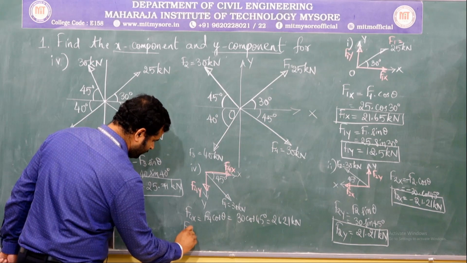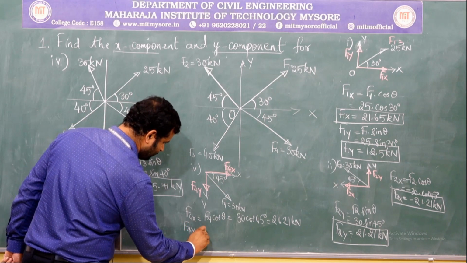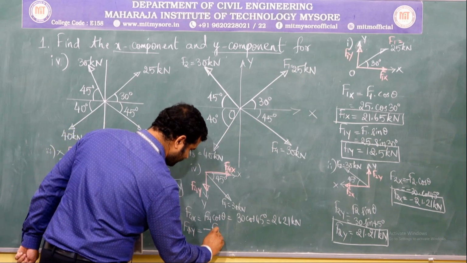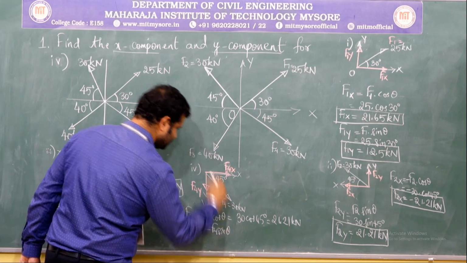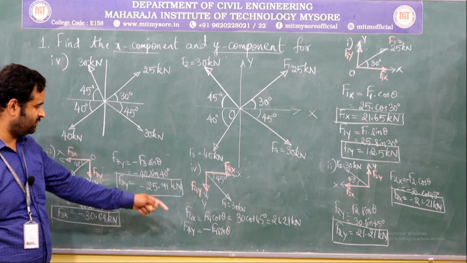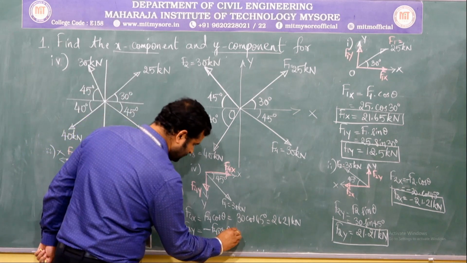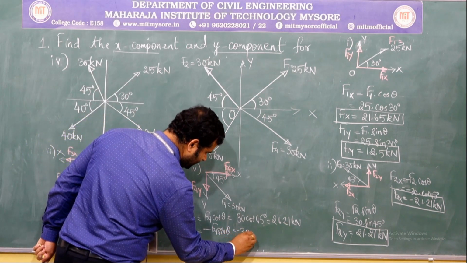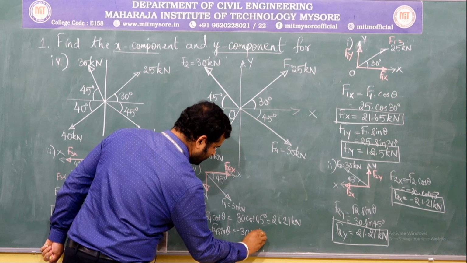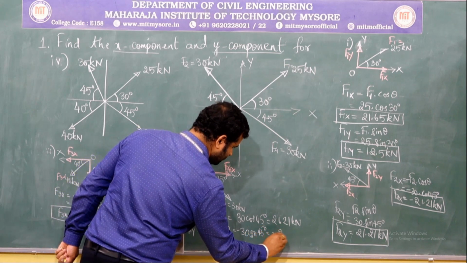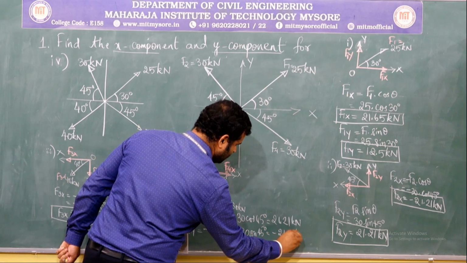Similarly, F4y is equal to minus F4 sin theta, because it is measured downwards. The sign convention is minus for y component, which is equal to minus 30 sin 45, which is equal to minus 21.21 kilonewton.